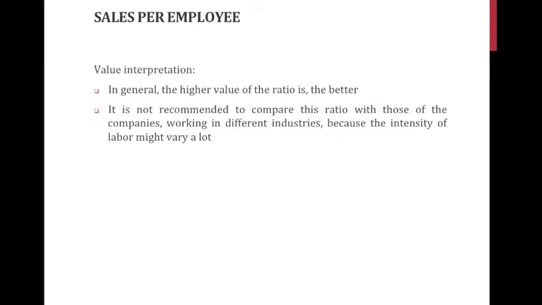In general, of course, a higher value of this ratio is better, and it is not recommended to compare this ratio with those of companies working in different industries, because a service company will need one number of staff, and a manufacturing company maybe much higher proportions.